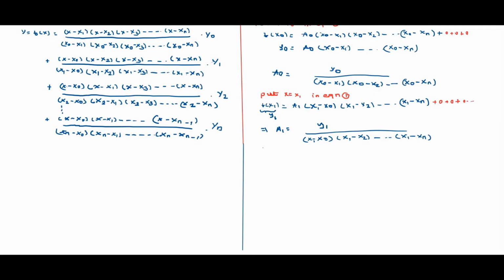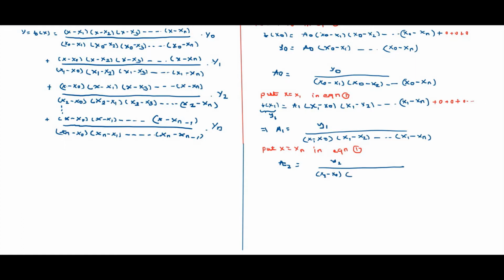Similarly, put x is equal to x2 in equation 1. In equation 1, we get, I'll write directly, a2 is equal to y2 divided by x2 minus x naught.